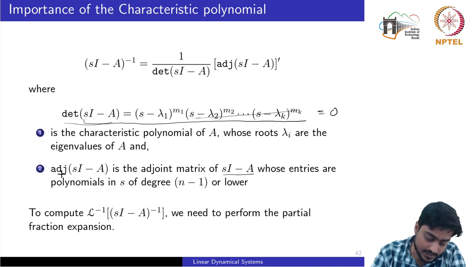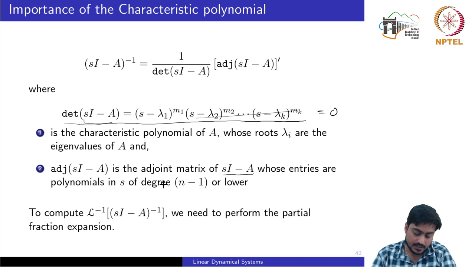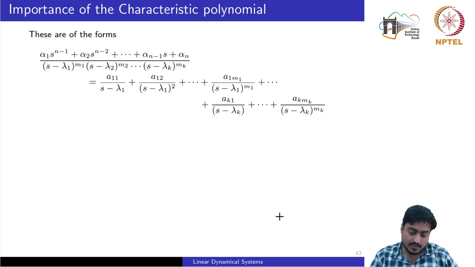But when we take the adjoint of sI minus A, it would always have degree up to n minus 1.